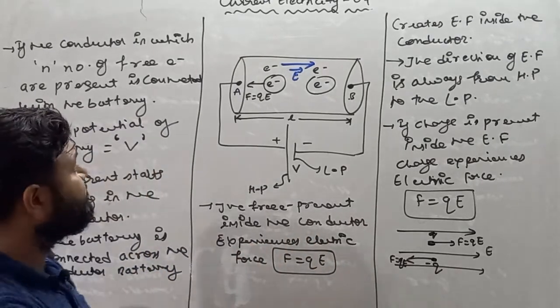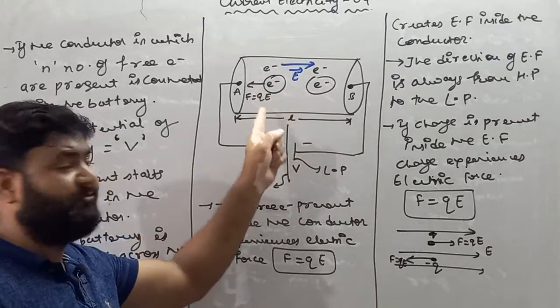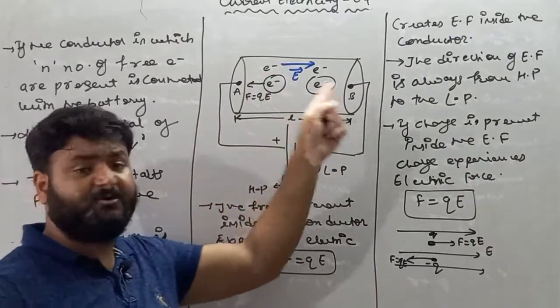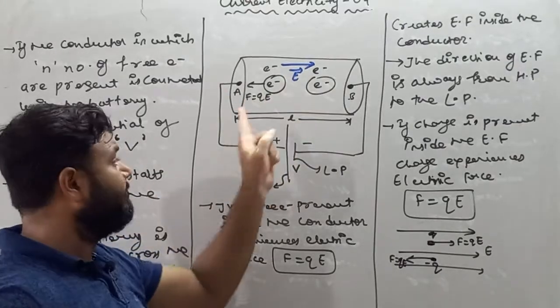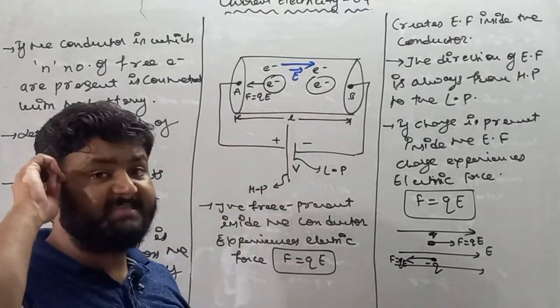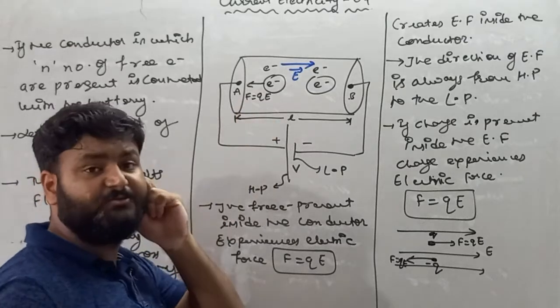And remember, my dear student, each electron experiences the same force, because every electron carries the same charge, and for every electron the electric field is also the same. It is F equals QE.